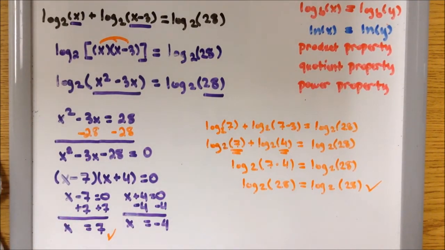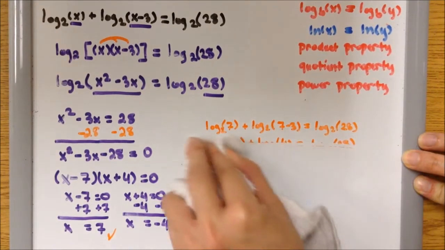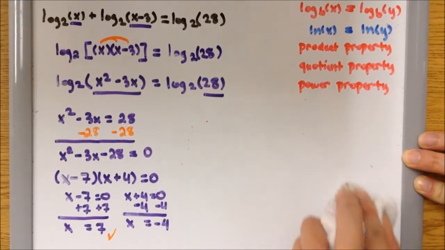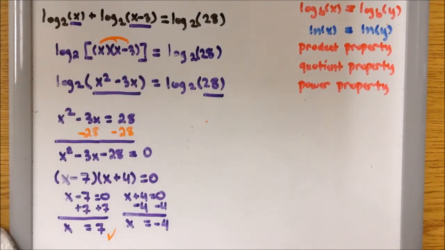Now we're going to test out x equals negative 4. So I'm going to make some room, and then plug negative 4 into the original problem.